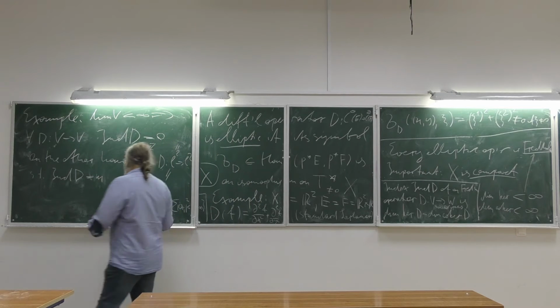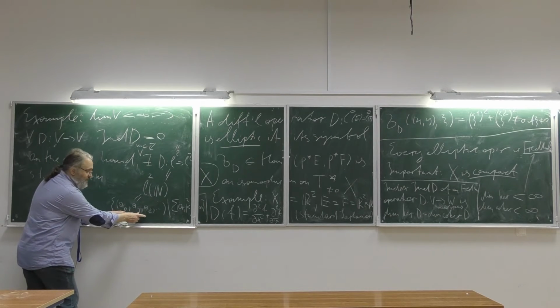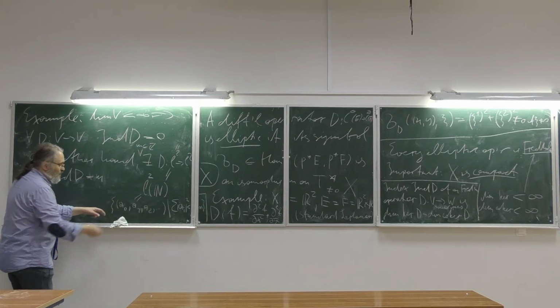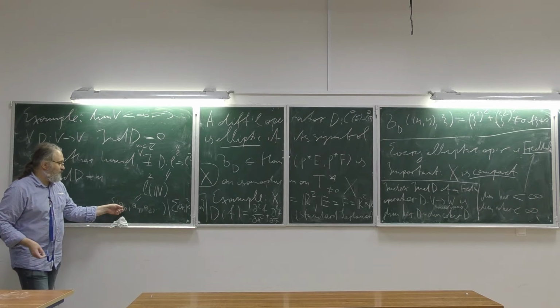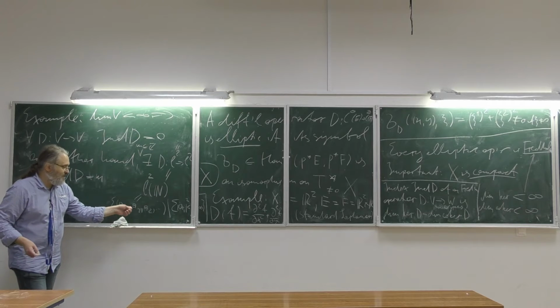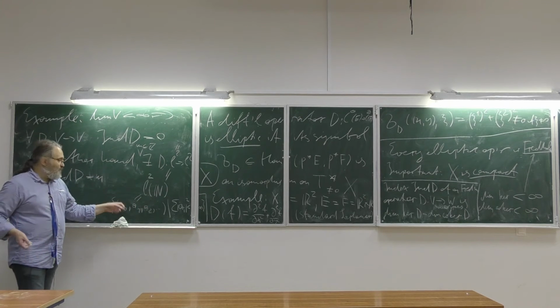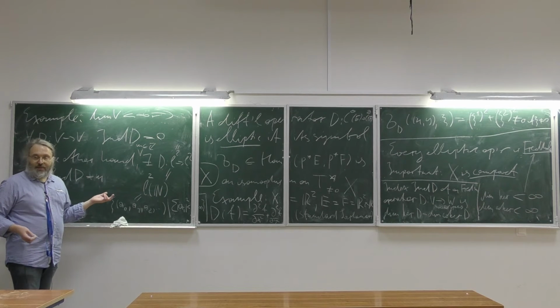Now, the left shift takes a sequence like this one and shifts it one place to the left, which means the shifted sequence starts with A1 and then A2 and so on, and A0 vanishes. And this is why we get a one-dimensional kernel.